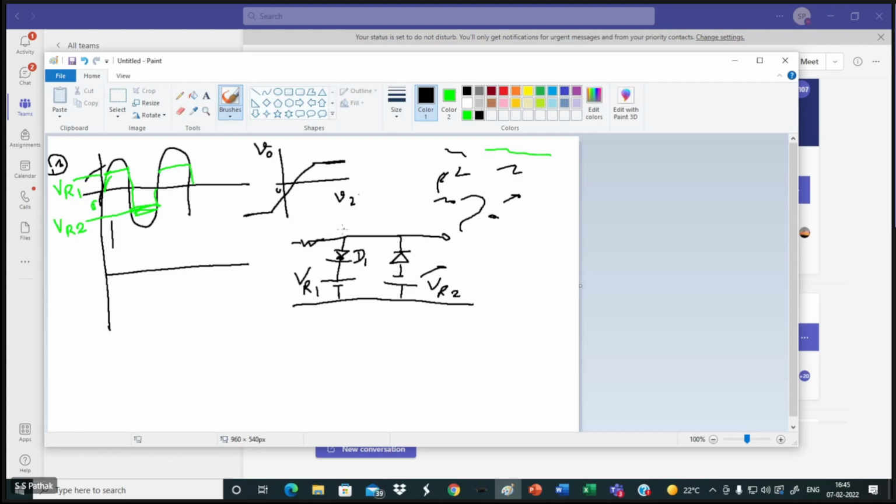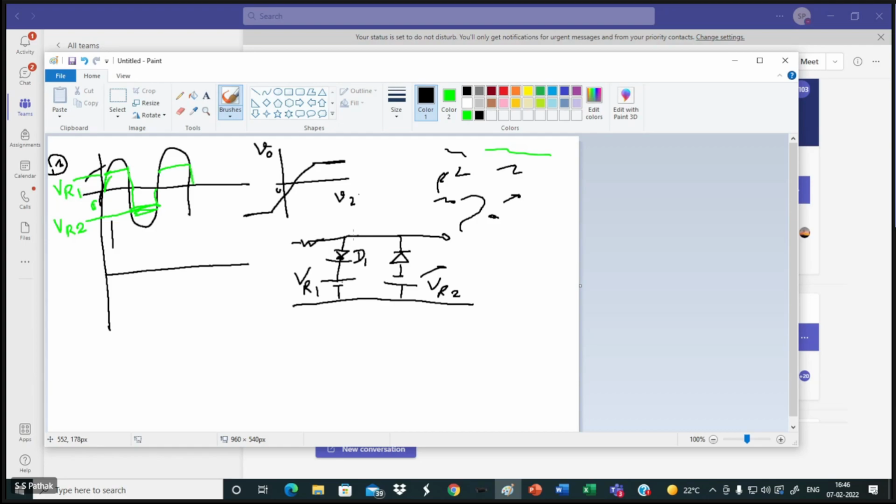You remember this, one by one it was considered, and he has shown how the clipping happens. If Vi is greater than VR1, and VR1 is greater than VR2, remember, then this diode gets forward biased and VR1 appears here.